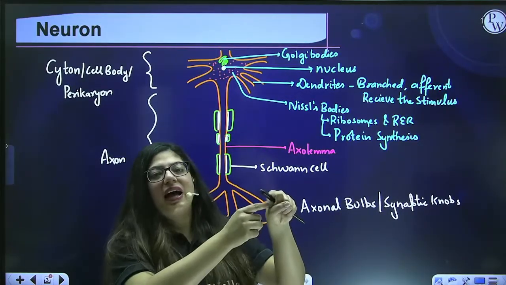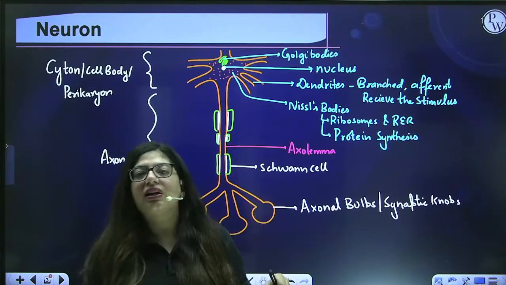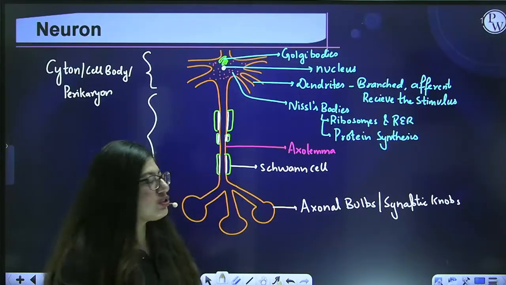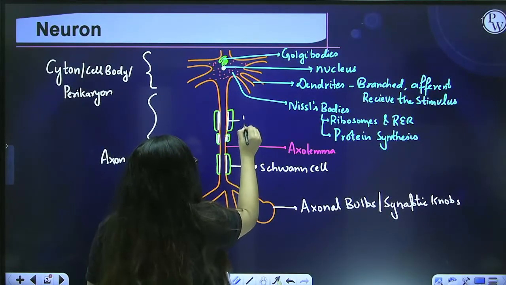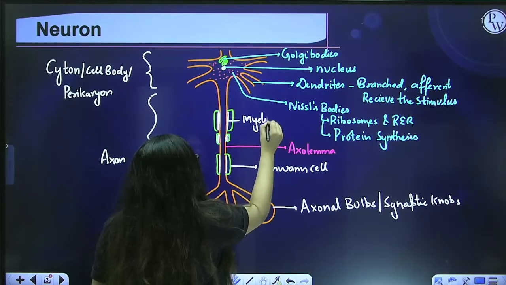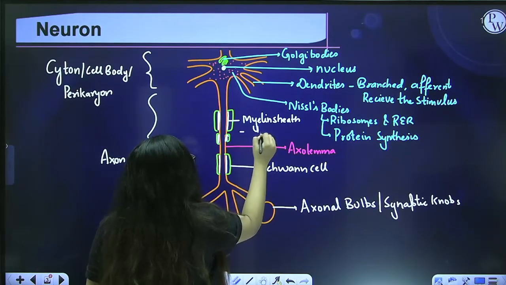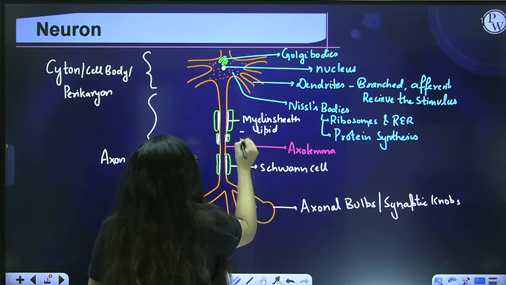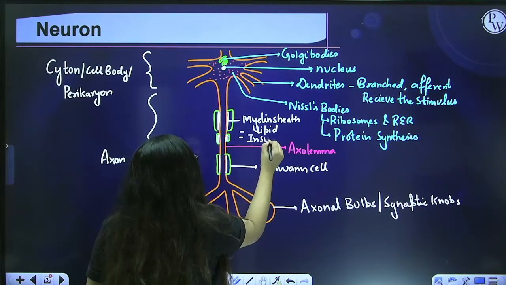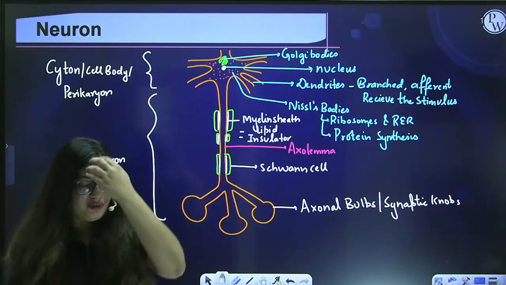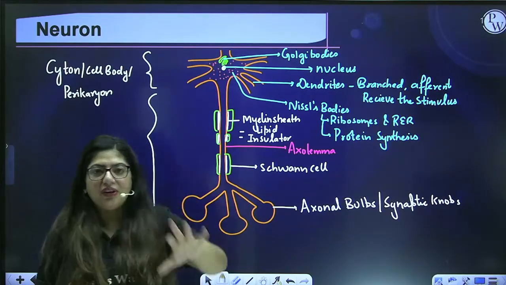Inside that, it will be secreting that white-colored phospholipid, which is your myelin sheath. Since the myelin sheath is a phospholipid, it will act as an insulator. What is an insulator? A place from where no electric current can be passed.